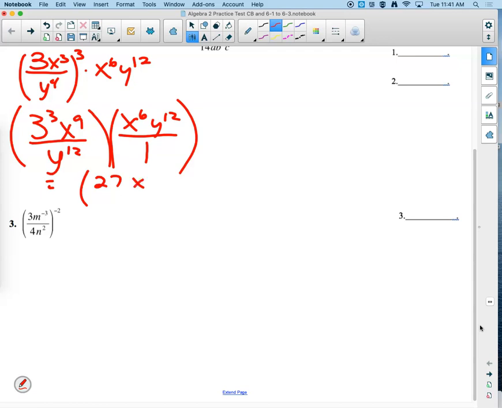X to the, when you multiply similar bases, what do you do to their exponents? Add them. So it looks like there's one more thing we can do in this problem, right? Yeah, these are gone. You can think of it like canceling. And we get 27x to the 15th.